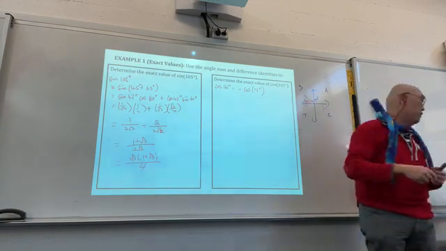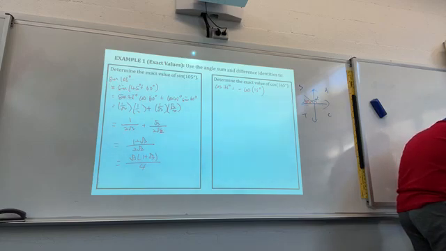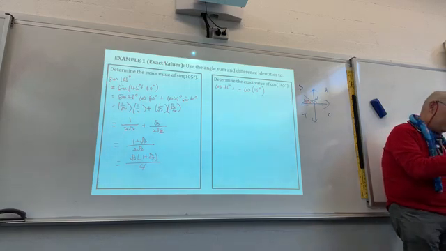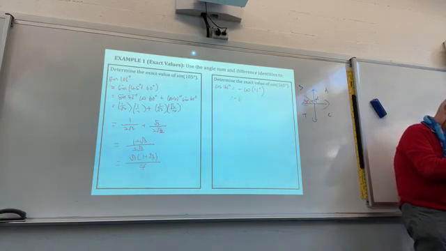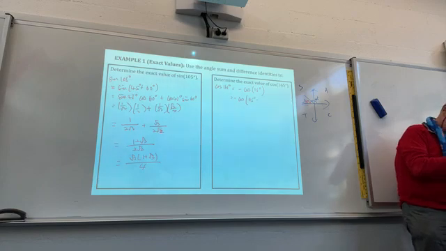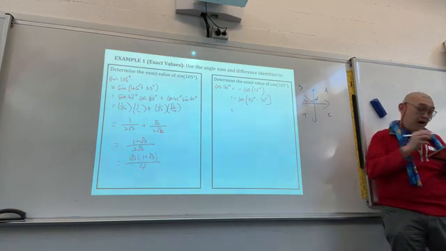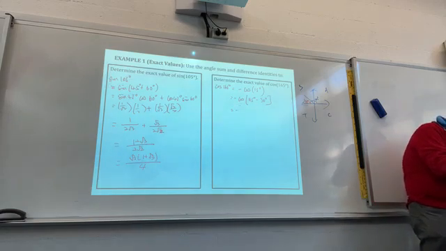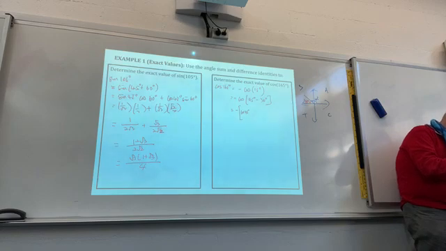So now you can work it out. This will be minus cos(45 degrees minus 30 degrees). Work that out. Minus cos 45 degrees cos 30 degrees.